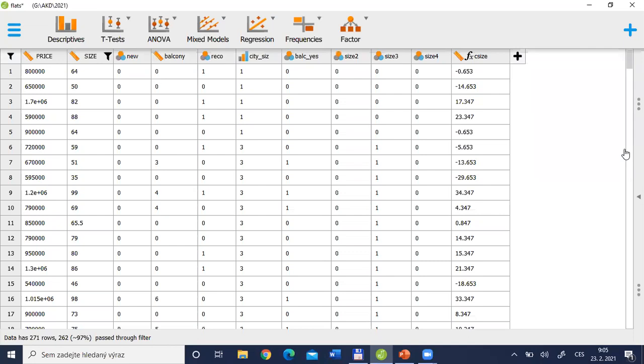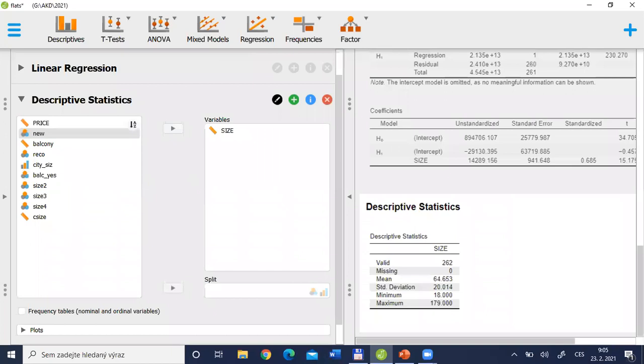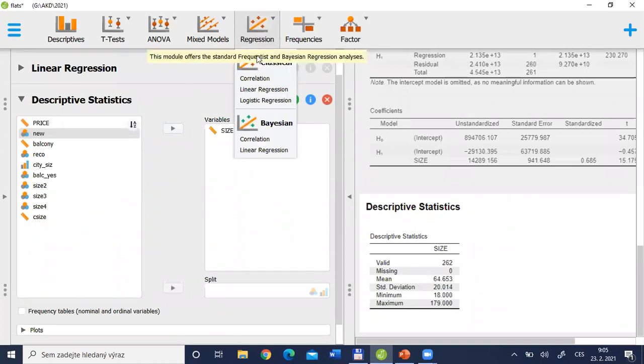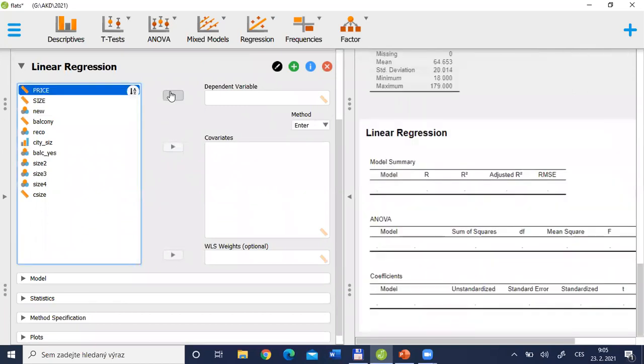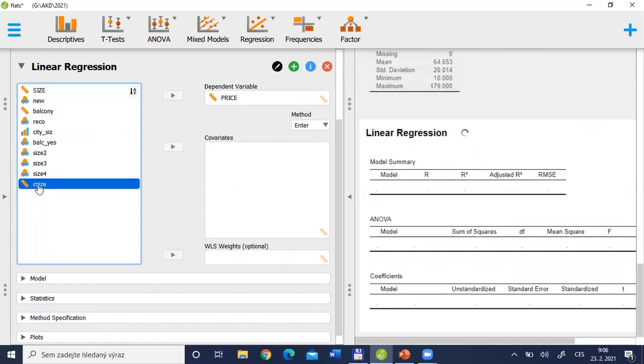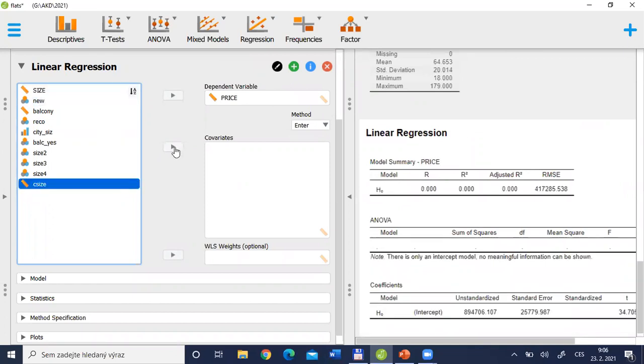Now it is the last step, and then we will once again interpret results. I would go once again into regression, into classical linear regression, and define the same dependent variable, price, but instead of size, I would take the variable we have just created, the centered variable for size.